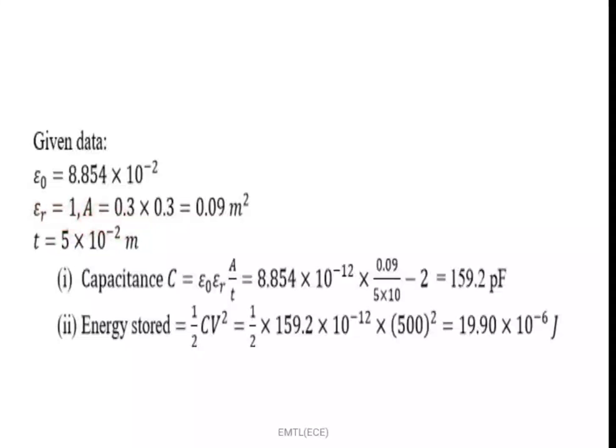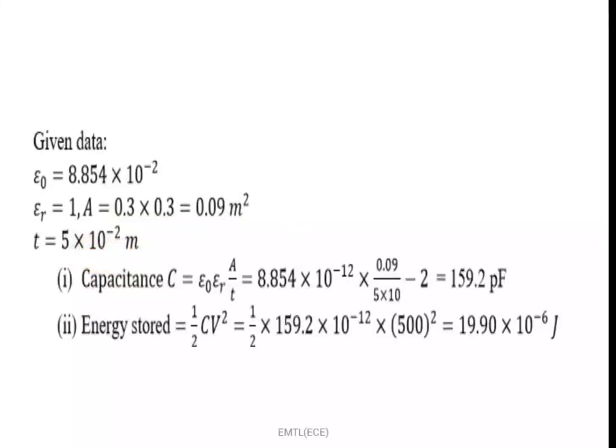So the air relative permittivity epsilon r value is equal to 1, and the area given in the problem, that is 0.3 into 0.3, which is 0.09 meter square, and the distance between the two plates, that is t, which is equal to 5 into 10 power minus 2 meters. So we have to find the value of capacitance, energy stored, and energy density.